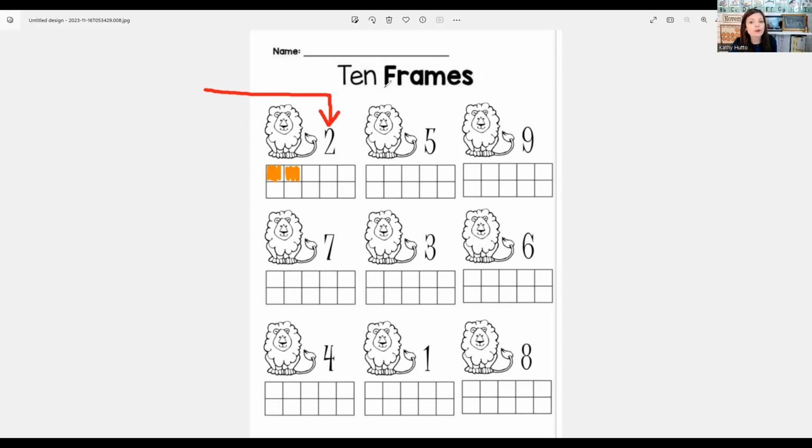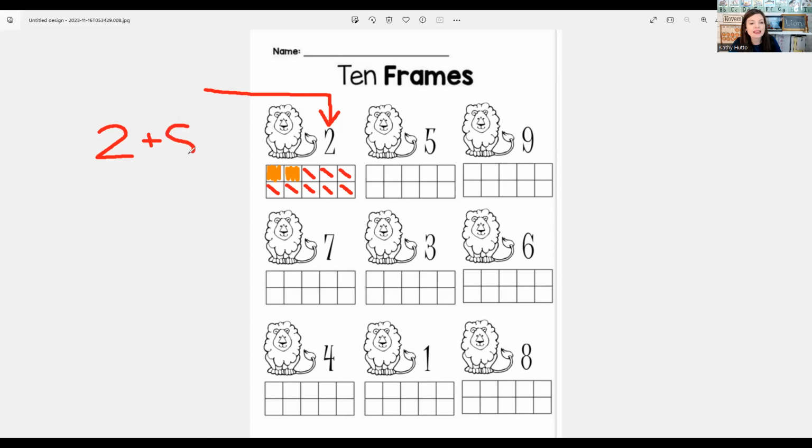If you're ready for adding, let me just show you how you can use a 10 frame to do that. So we colored in 2 spaces. How many spaces did we not color in? 1, 2, 3, 4, 5, 6, 7, 8. We did not color in 8 spaces.